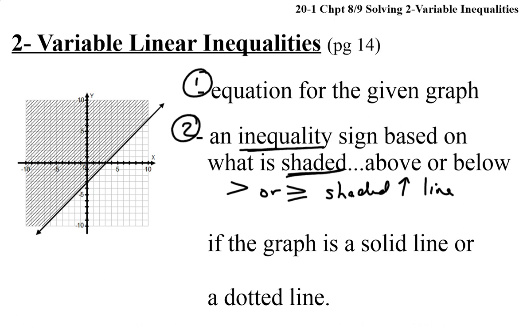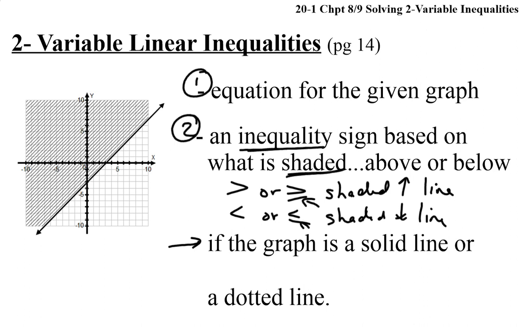We need a less than or less than or equal to if it's shaded below the line. Now here's the key point. The hardest part about this that I always forget is whether we need the equal to or not.